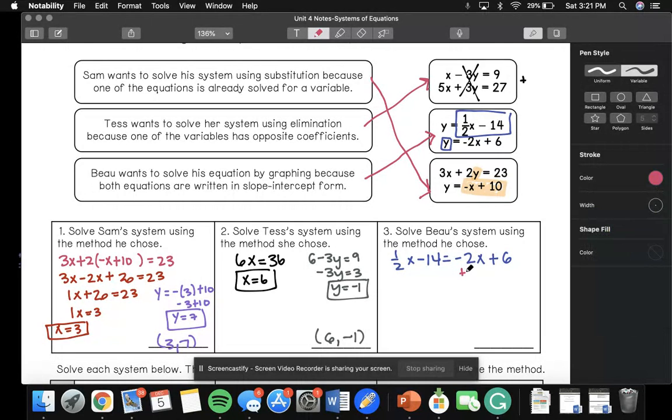So then I'm going to add 2x and get 2.5x minus 14 equaling 6. Then I'm going to add 14 and I get 20. And 20 divided by 2.5 would be 8.